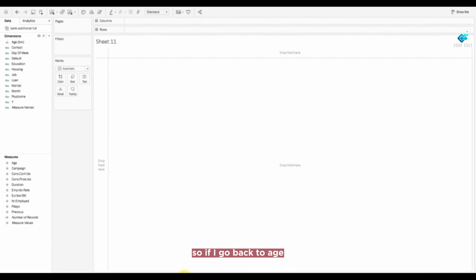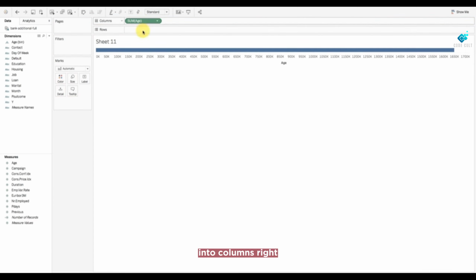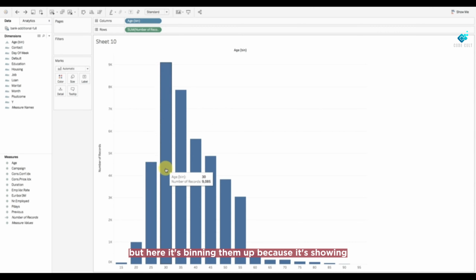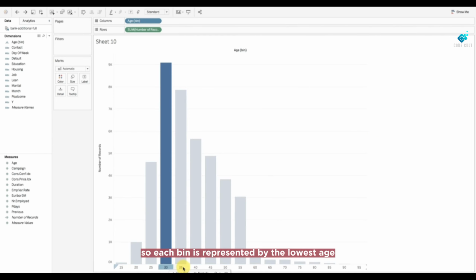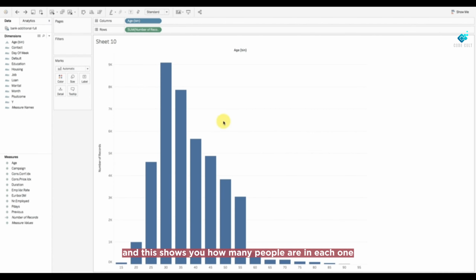If I go back to age and just take age like this into columns, I can't really do much with it, and even if I take number of records now, you can't really do much here because it's just doing that. But here it's binning them up because it's showing you categories, right? You've got 15 to 20, 20 to 25, 25 to 30, 30 to 35, and so on. So each bin is represented by the lowest age in that bin, 35 to 40, 40 to 45, and so on. And this shows you how many people are in each one.